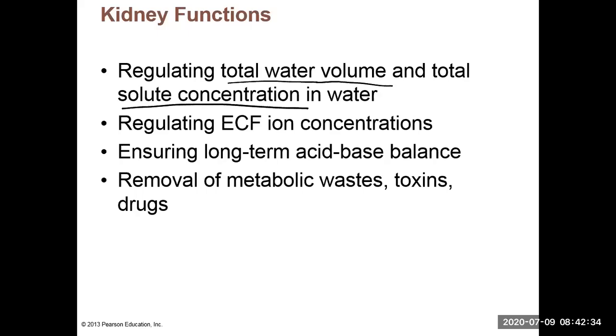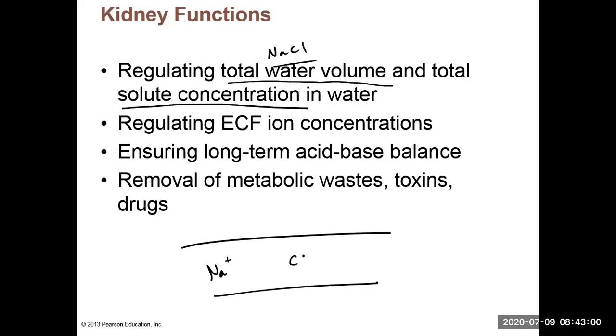Say, for example, that in your meal there is a lot of sodium chloride. Sodium chloride is salt, so it's a solute. Now, these are a source of solute in our blood. So in our blood, now you have a lot of Na plus and Cl minus, and this could be excessive because these are solutes now.